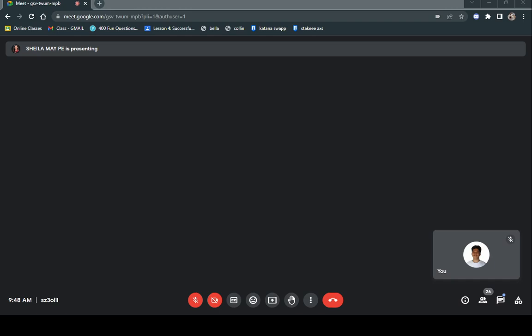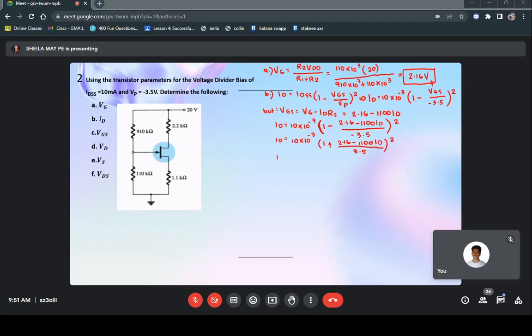So 1 plus 2.16 minus 1,100 ID divided by 3.5 squared. And yes, we need to find the LCD. So what's the LCD? 3.5.